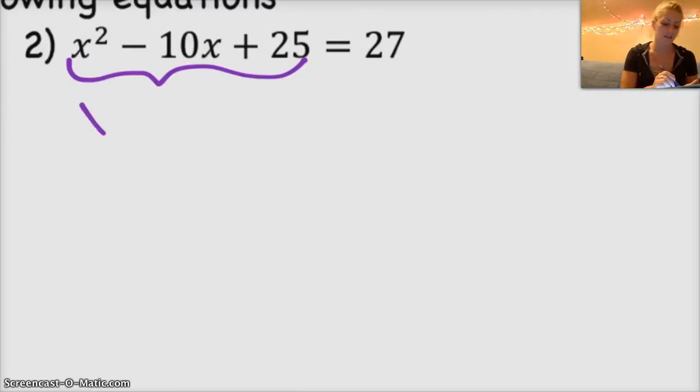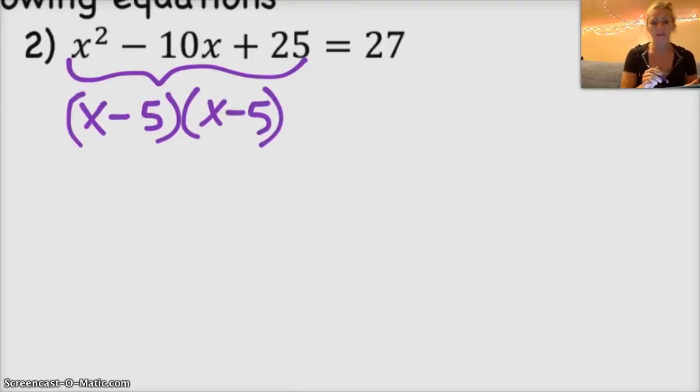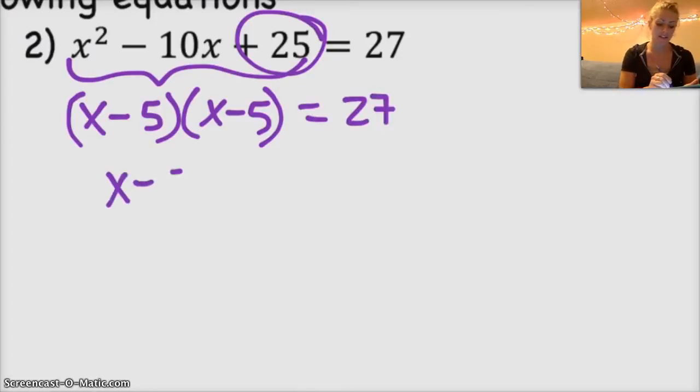It factors as x minus 5 times x minus 5, because negative 5 times negative 5 is positive 25, and negative 5 plus negative 5 equals negative 10. So that equals 27. And then we can write that as something squared, x minus 5 squared.